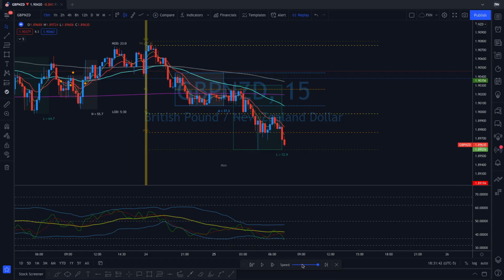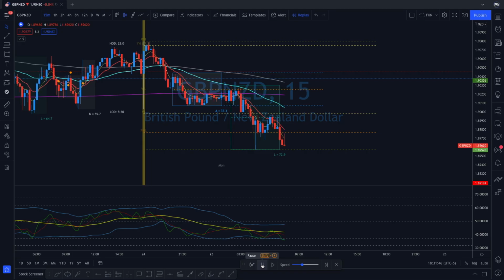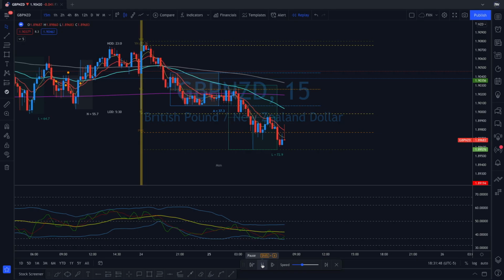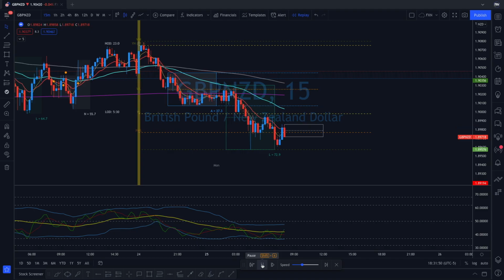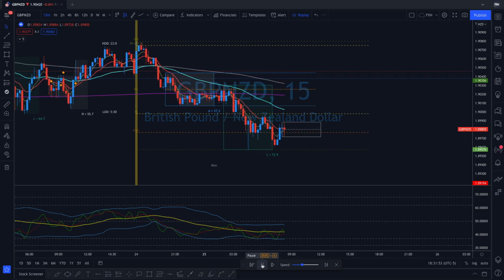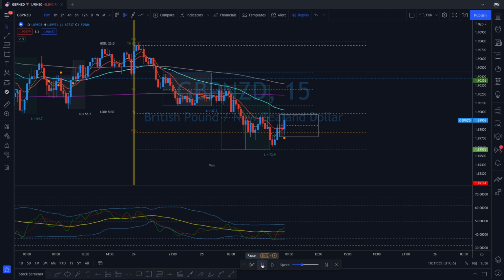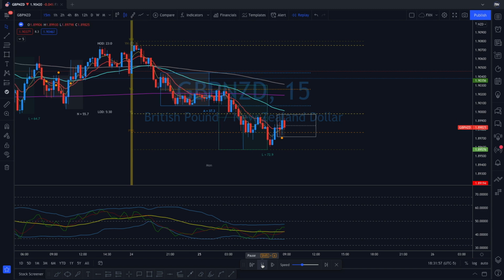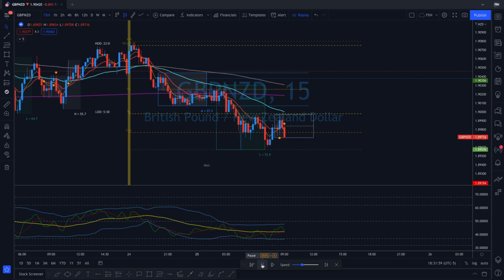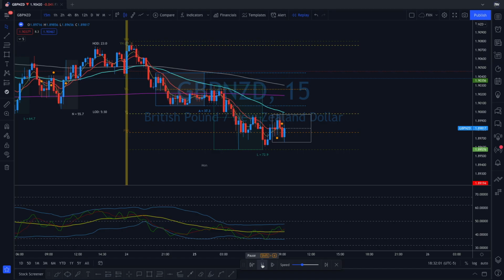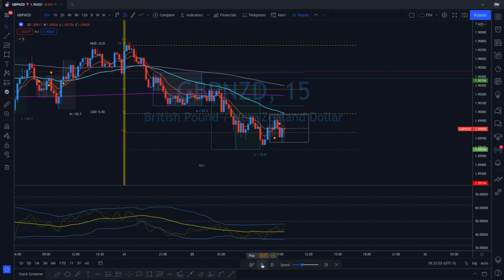All right, so let's see if we get anything here. All right, so there's the box there, and nothing as of yet. I mean, this possibly could be a reversal here, with this being the first leg and this being a second leg.